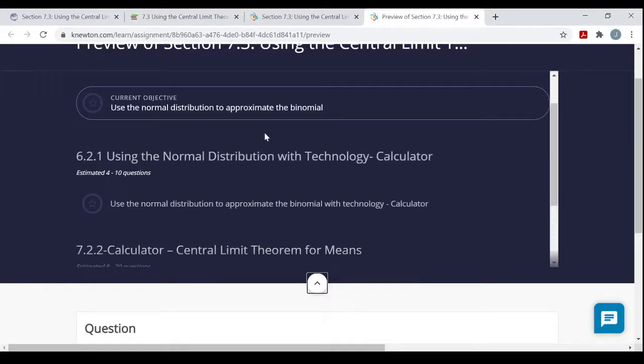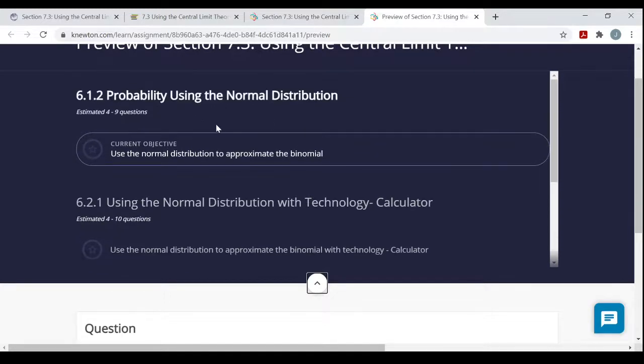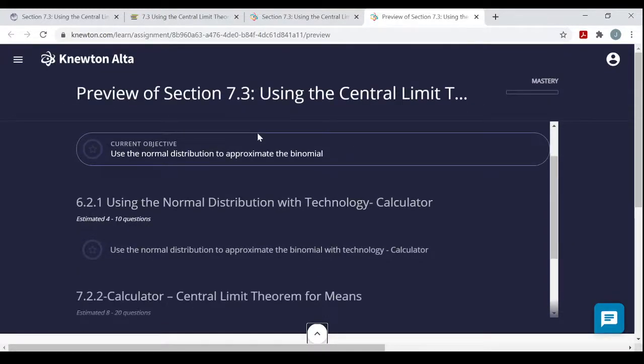These two objectives, however, do not mention the central limit theorem. In fact, the only reason these are in here is because of a historical note at the very end of section 7.3 in the OpenStax statistics book, and I'll show you. So you have using the normal distribution to approximate the binomial.